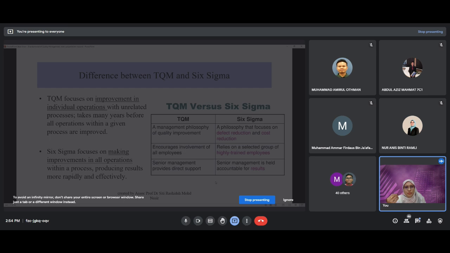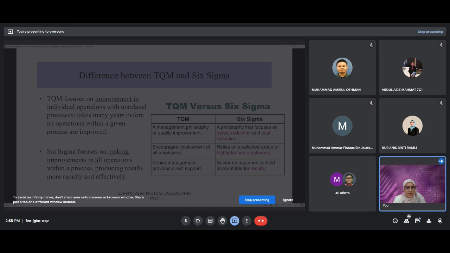Okay, the difference between TQM and Six Sigma. TQM is a management philosophy of quality improvement, but Six Sigma is focused on defect reduction and cost reduction.